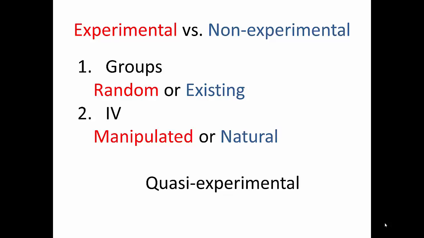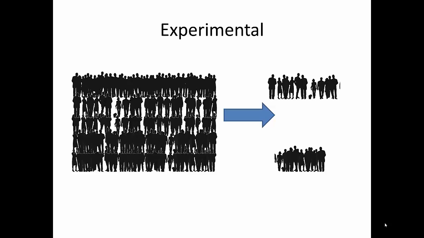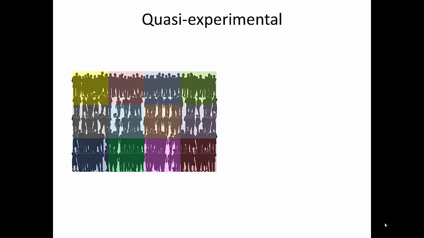I want to find out if jelly beans will help workers with their productivity. In experimental research, I would randomly select two groups to represent the population of workers. In quasi-experimental, I would choose two groups that already naturally exist.